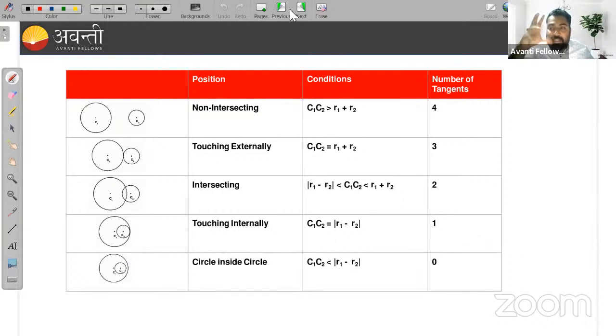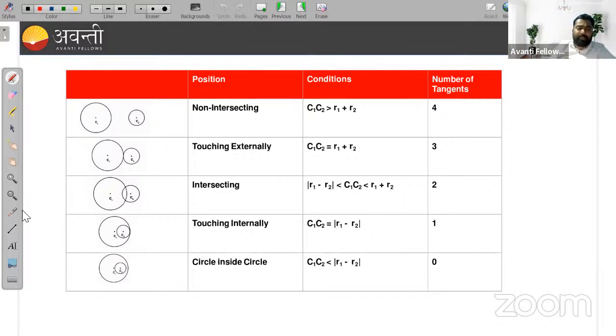And in this case, we can draw 4 common tangents also. Clear? In the first case, when the circles are non-intersecting, the distance between the centers will be greater than the sum of their radii, and we can draw 4 common tangents to both the circles.